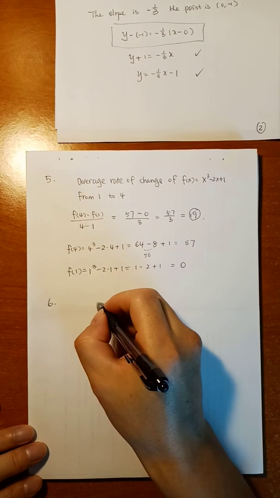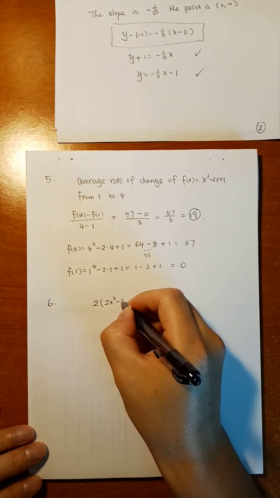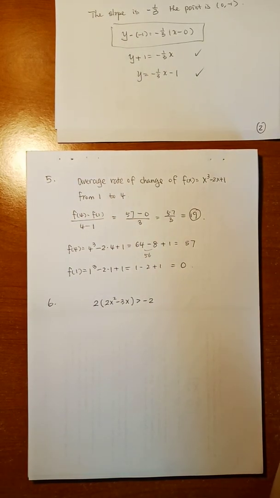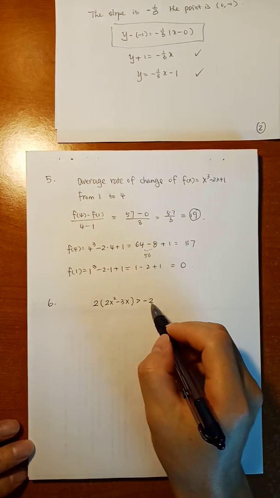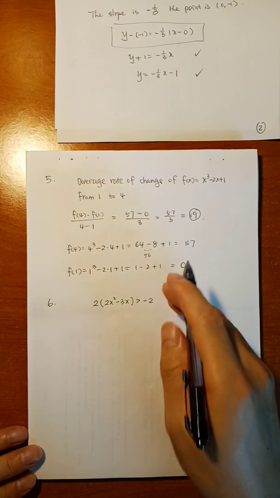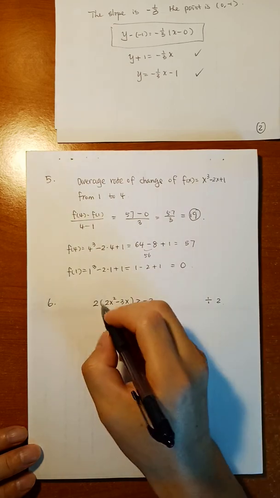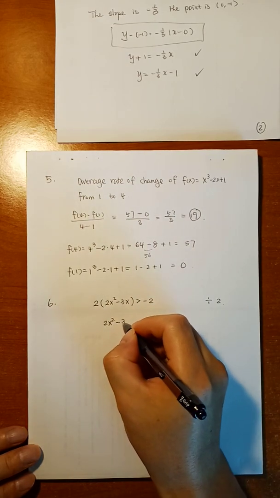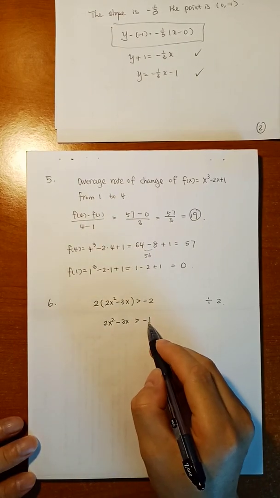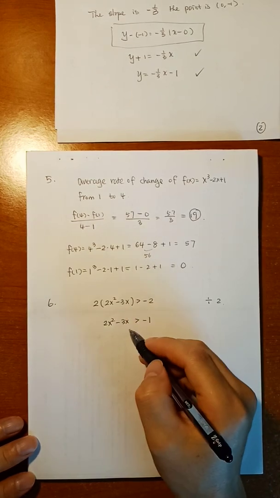Next, solve the inequality. When we have this inequality, both sides have the common factor 2. So first we can divide this inequality by 2. After we divide the inequality by 2, we have 2x squared minus 3x greater than negative 1. This is a division by a positive number. You still have the direction greater than.